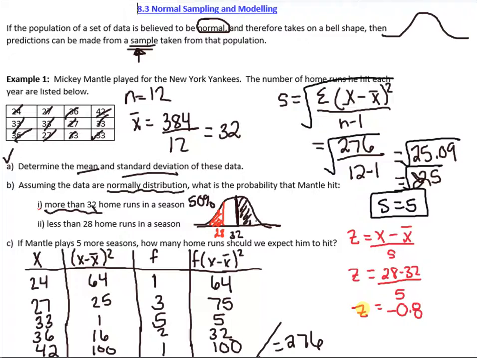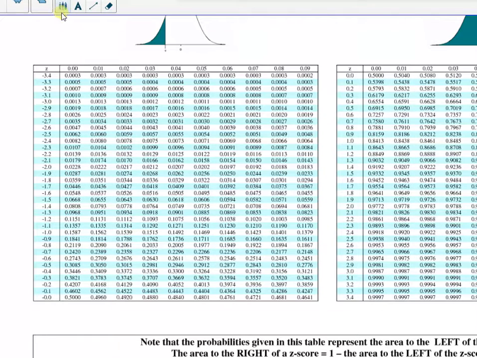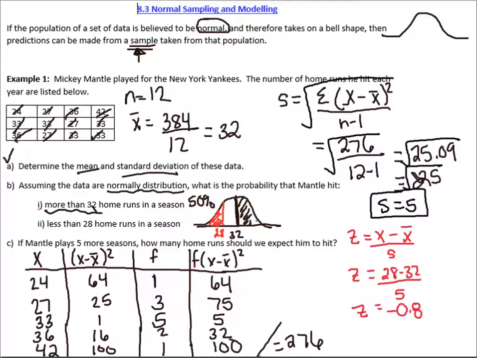Let's take a look at the z-score table. For -0.8, we go to the negative side, 0.8, and then it's 0.80. I get 0.2119. So going back to here, we get a probability: the probability that x is less than 28 equals 0.2119, or about 21.2%.